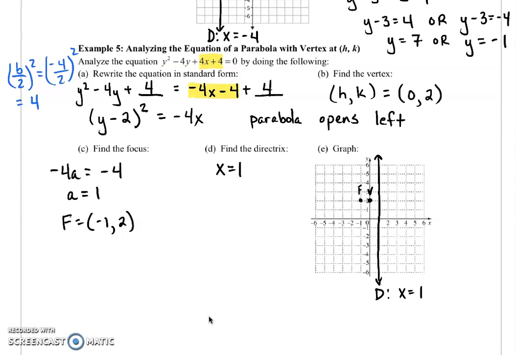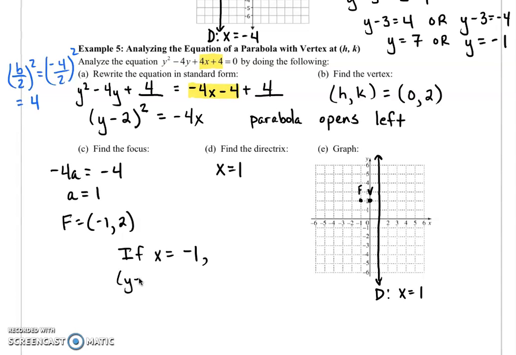Now we just need a couple extra points so that we can have enough points to graph our parabola. So if x equals negative 1, that is the x-coordinate of our focus. Let's see what y has to be.